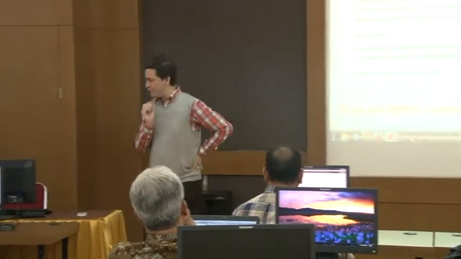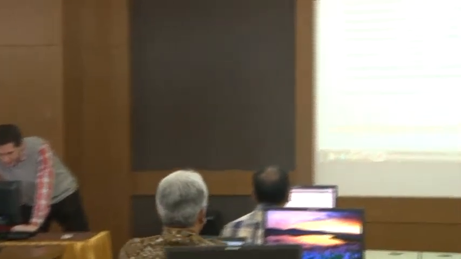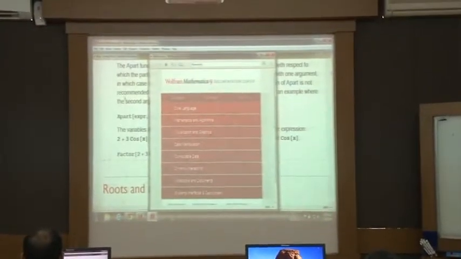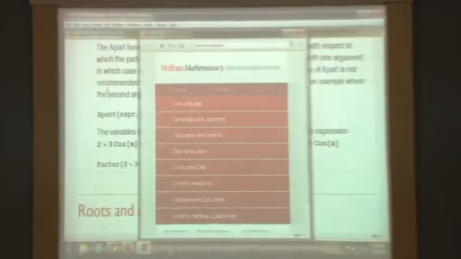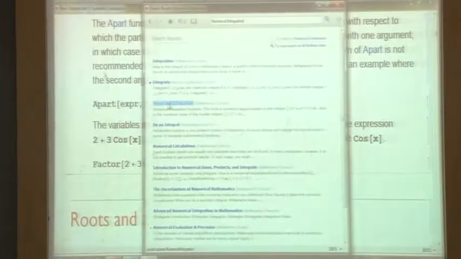That's a good point. If you need to get more familiar with it, there is a very good tutorial about numerical integration that goes quite deep in terms of the algorithms they use. Okay.